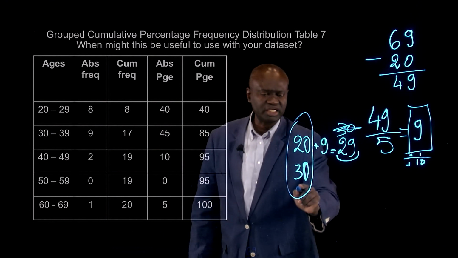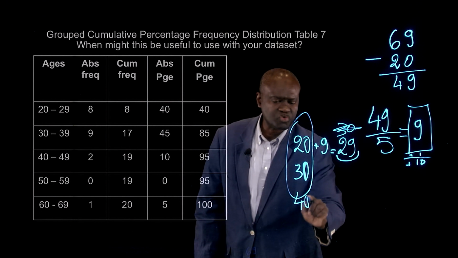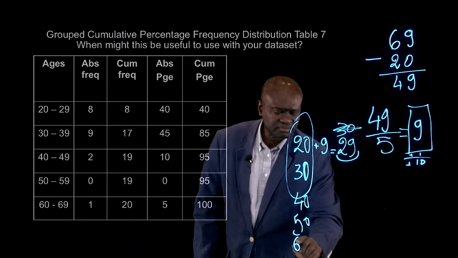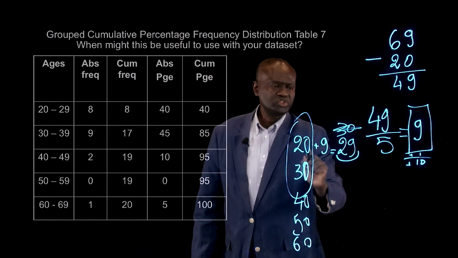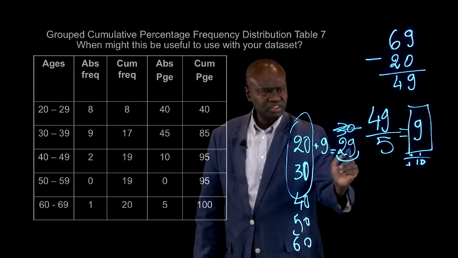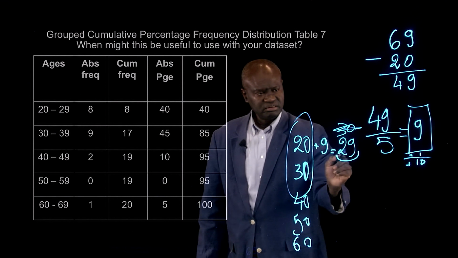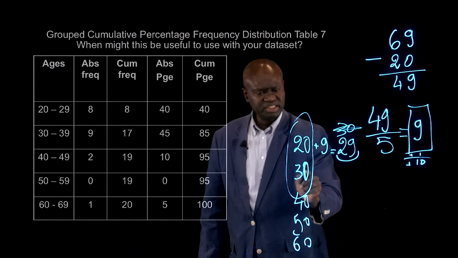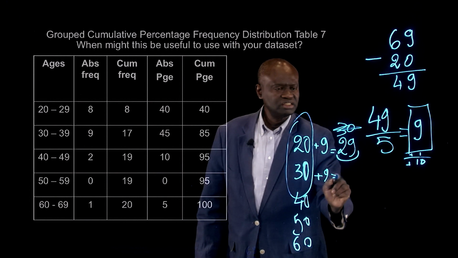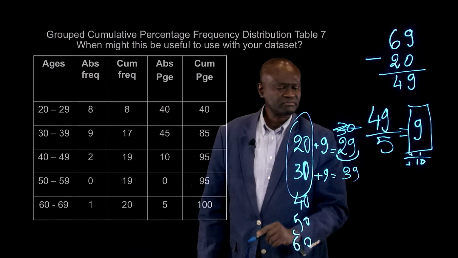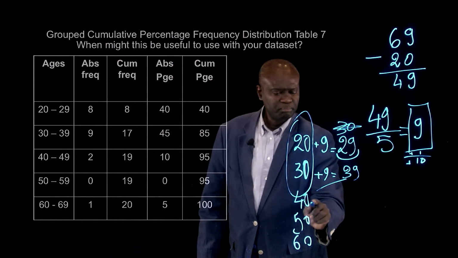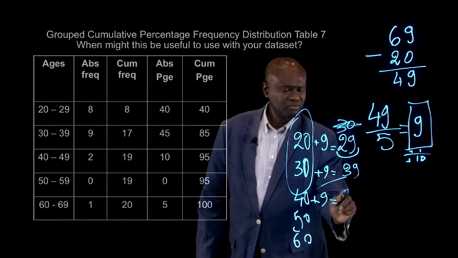So everywhere it will start with a 0: 30, 40, 50, and then 60. Why? Because we want 1, 2, 3, 4, 5 groups, 29, and then the next number would be 30. So plus 9, that's 39. And then 40, 39, 40, plus 9 equal 49.